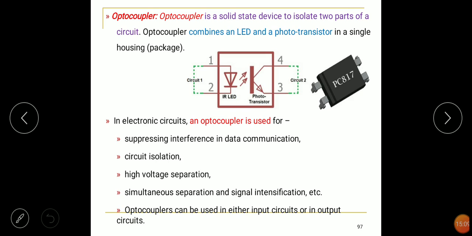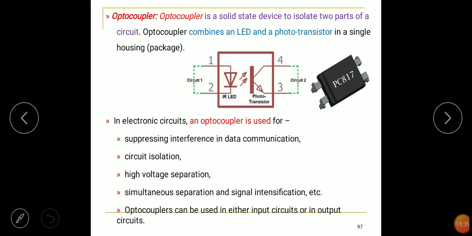You observe on the left side the input circuit, an infrared LED that emits light. That light is incident on the base of the transistor. If the base of the transistor receives the light, conduction takes place and the transistor turns on.